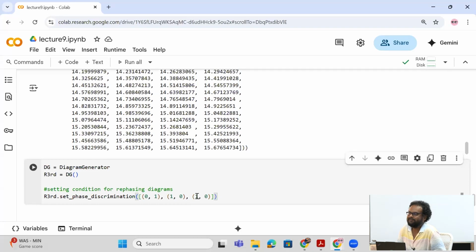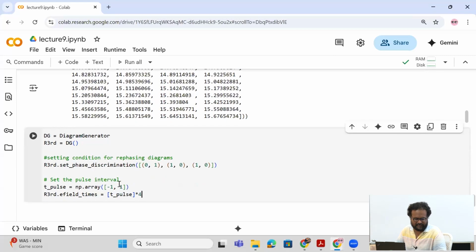Or even more if the system has more. That it will do reasonably well. So don't worry. And we will set the pulses now. By the way, I defined what this is. This is simply the pulse width, right?